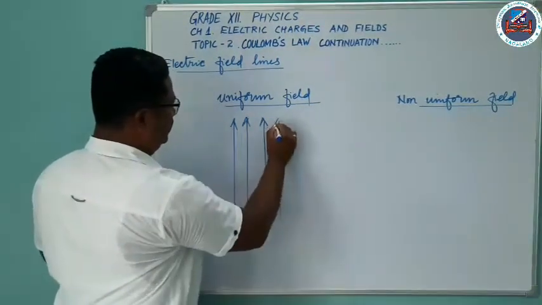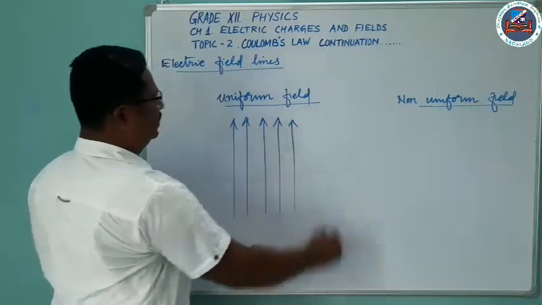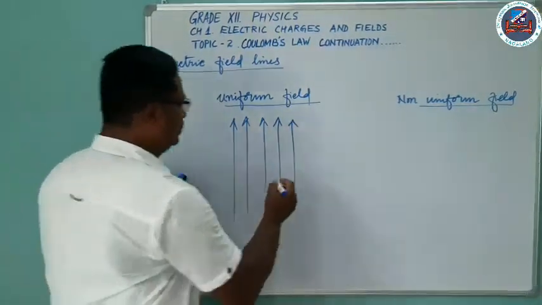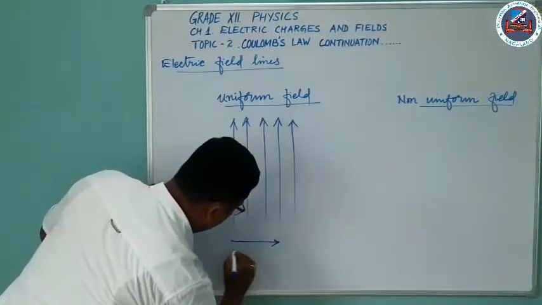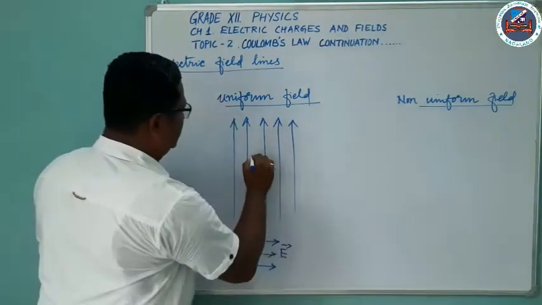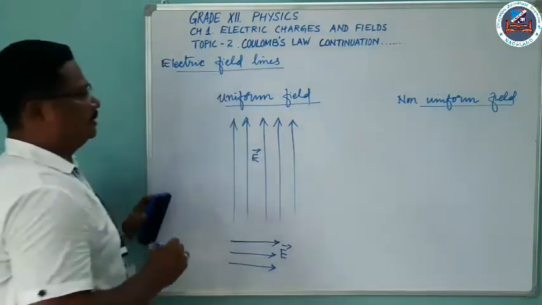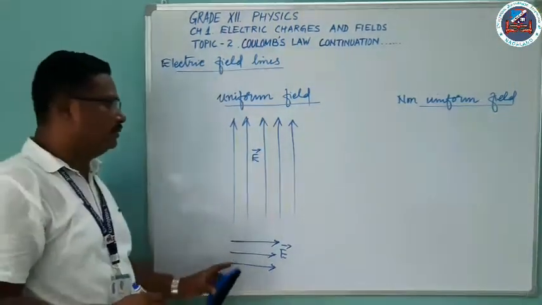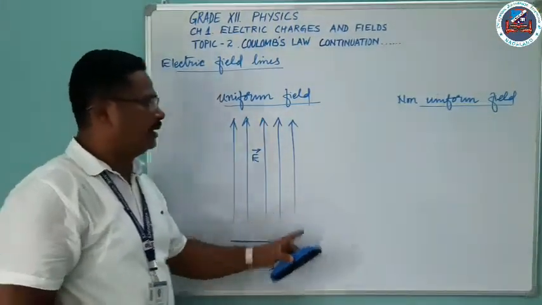This will indicate a uniform electric field. Or you can draw it this way also. It will represent a uniform electric field. You will write it as E.